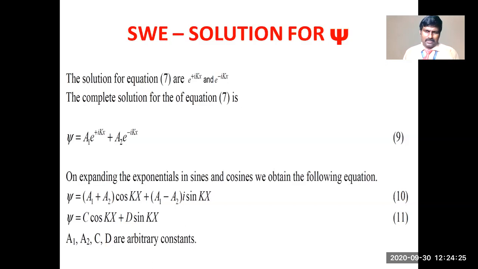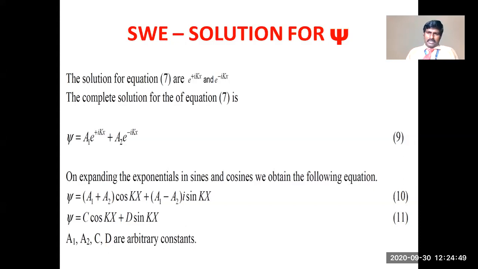That's what we are writing here: psi is equal to a1 e power plus ikx plus a2 e power minus ikx. We can expand this exponential with respect to cos and sine functions.